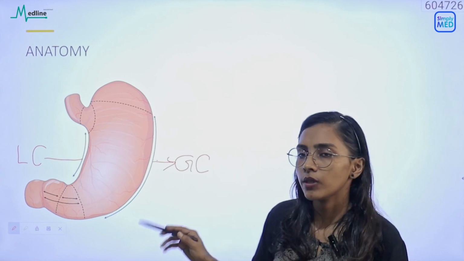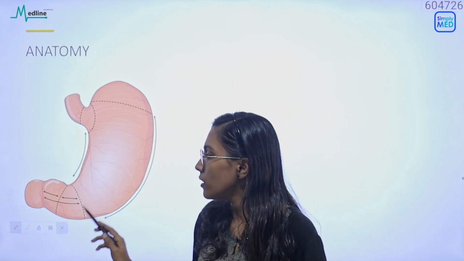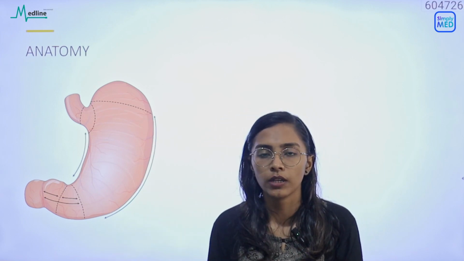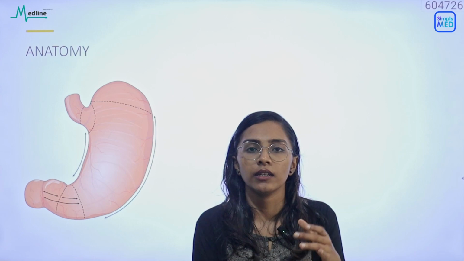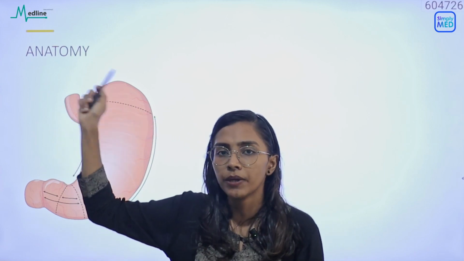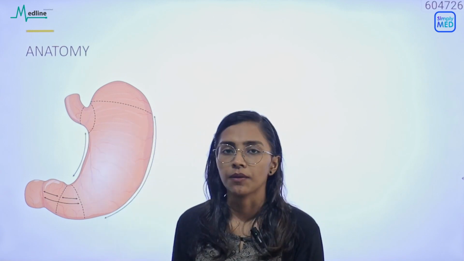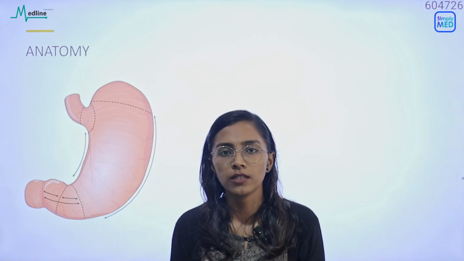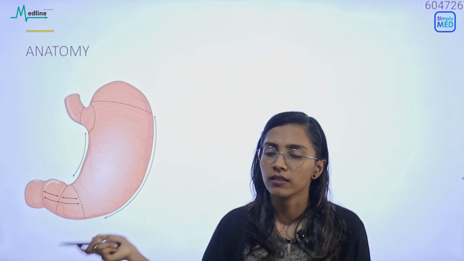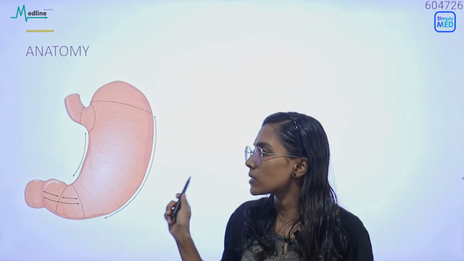These are the main things you have to know about the anatomy of the stomach. Also, the stomach has two sphincters, present where there is a junction. One on the upper side controls the gastroesophageal junction, that is the gastroesophageal sphincter, and one down here is the lower gastric sphincter. So these are the two sphincters of the stomach.